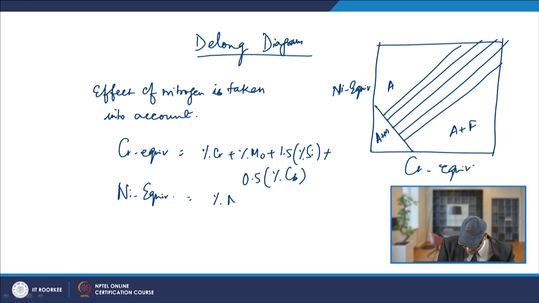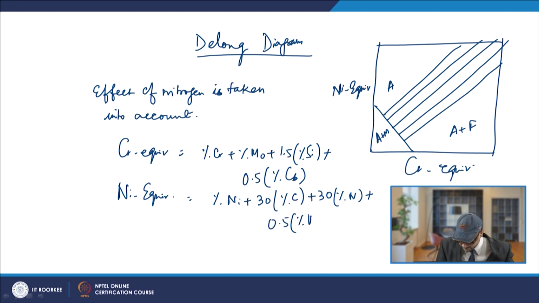It will be percentage nickel plus 30 times percentage carbon plus 30 times percentage nitrogen plus 0.5 times percentage manganese. So that is the difference between the DeLong and the Schaeffler diagram.